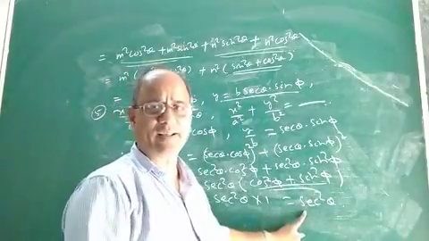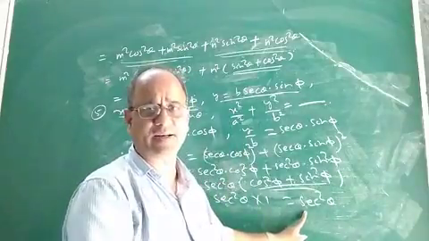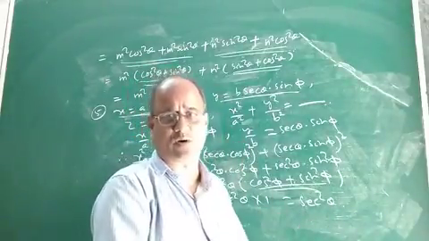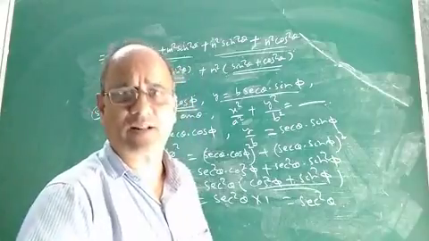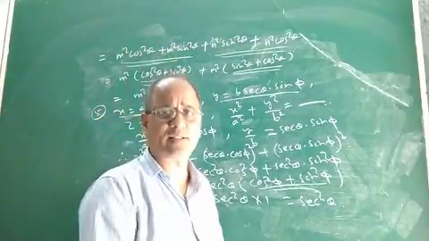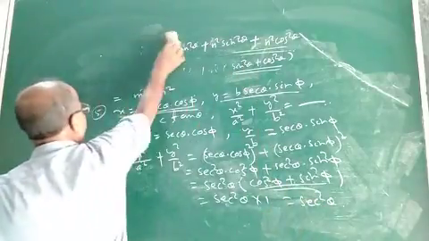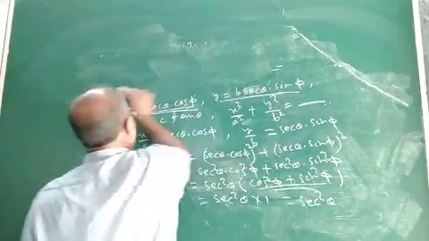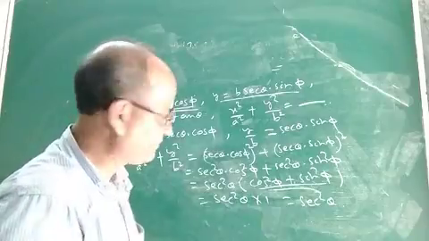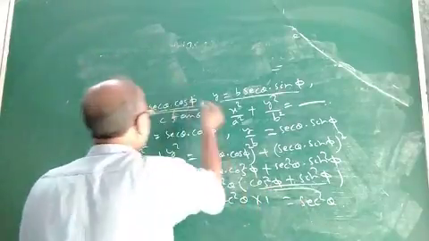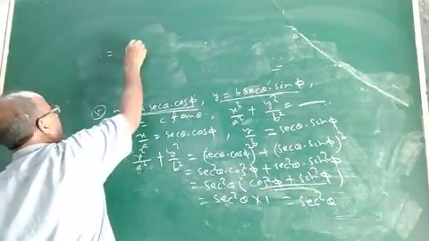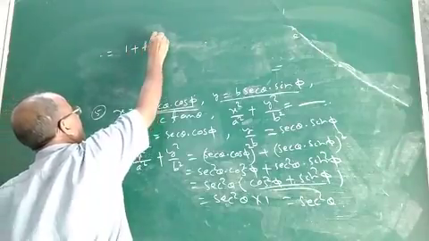Now you know the relation between sec and tan from the identity sec square theta minus tan square theta equal to 1. So if sec square theta minus tan square theta is 1, then sec square theta will be equal to 1 plus tan square theta. So in place of sec square theta, we can write 1 plus tan square theta.